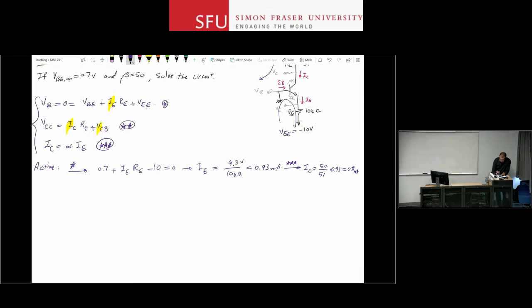So I have IC and IE, and then I can plug it into the second equation here and figure out my VC. That's the only thing I don't know. VCB, in this case, B is 0, so it's just VC.